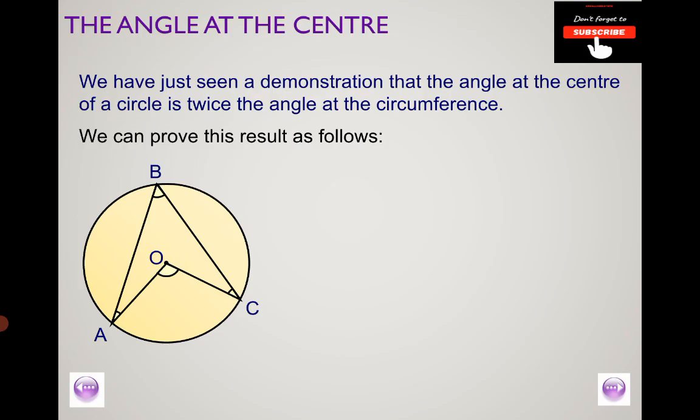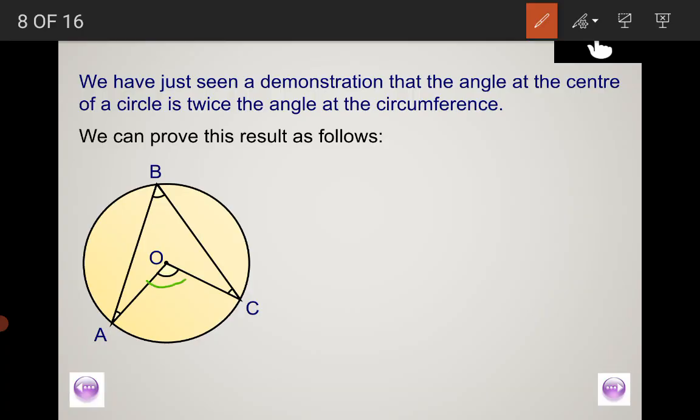Now let's move on to another property of angles in the circle. We shall reserve this part for the next lesson. When we meet again, we are going to look at the angle at the center. By angle at the center, we mean this angle here. This angle is 2 times this one.